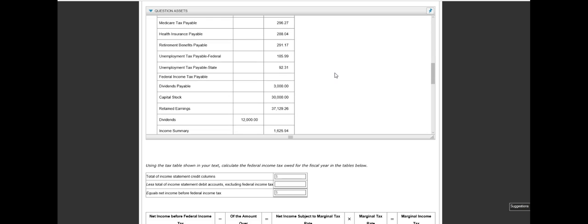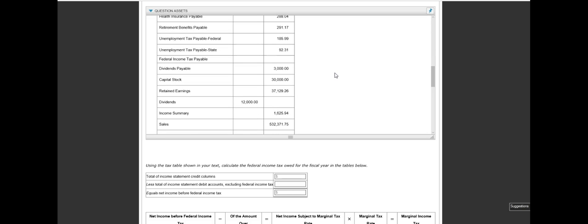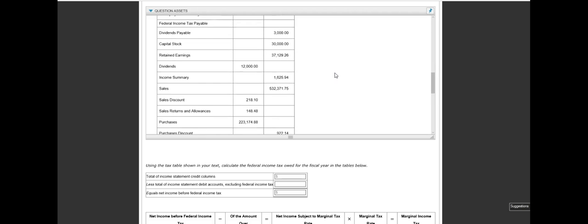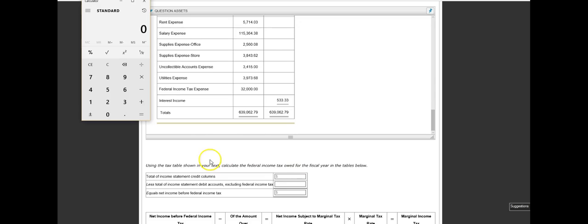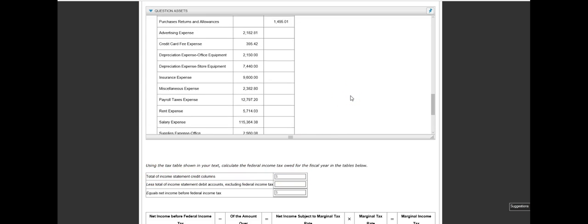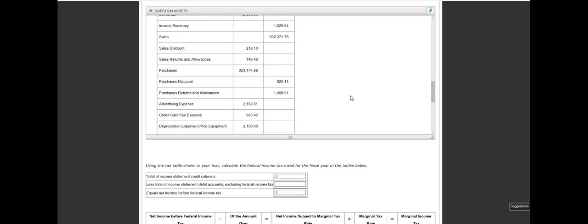Just double checking something. Be patient. Income statement credit columns. Sales. Okay. Alright, we're trying to fill in the total of income statement credit columns. I had to go back and reread what that meant.